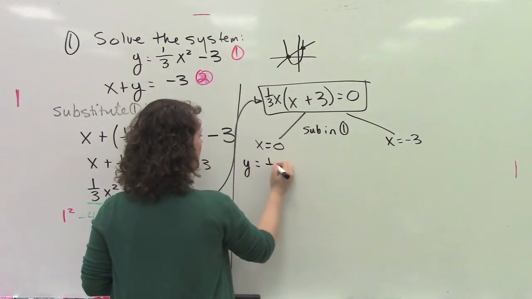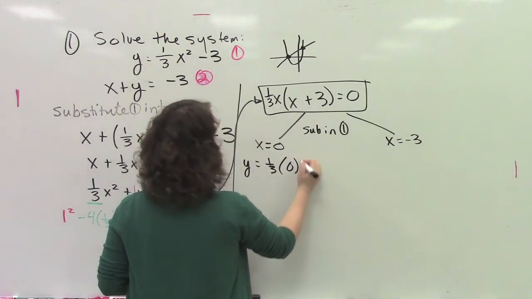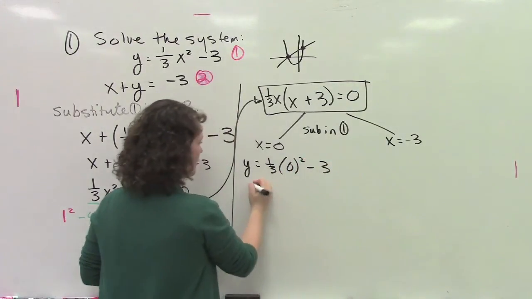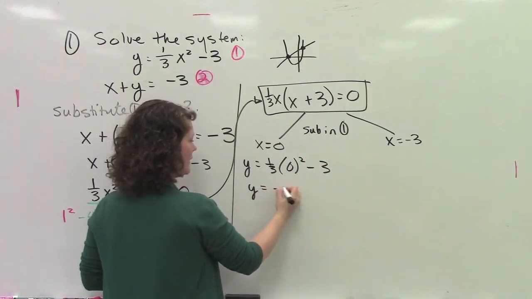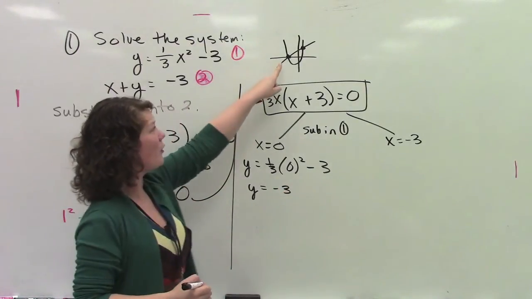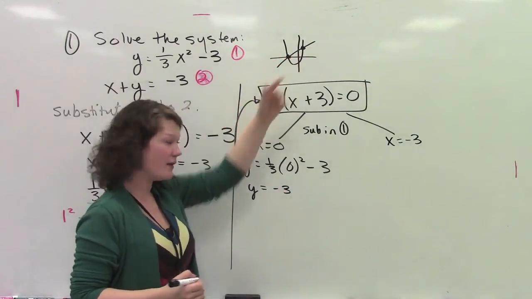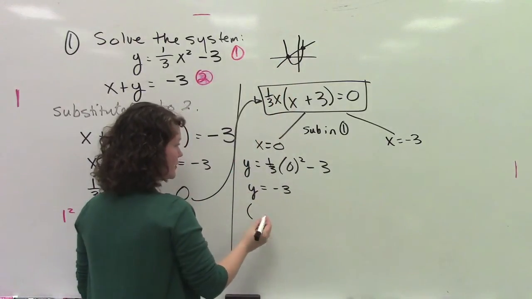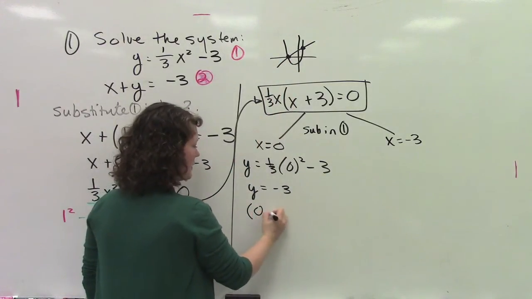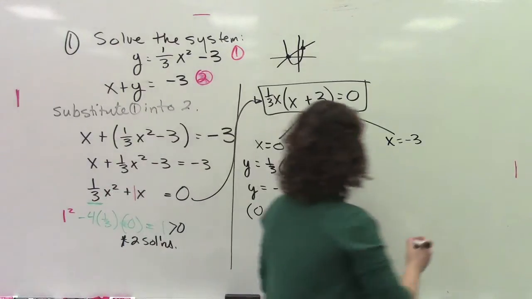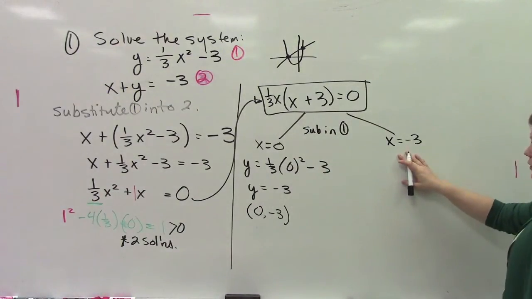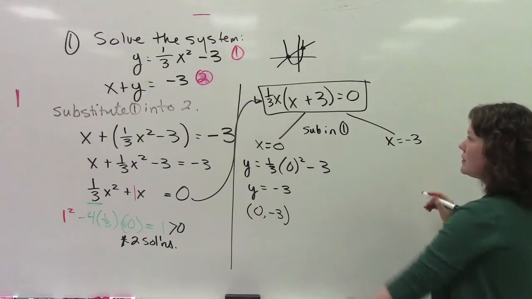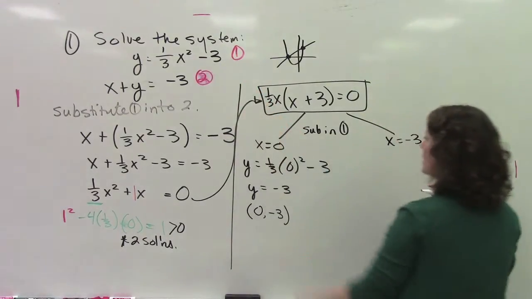Y equals 1/3 times 0 squared minus 3. Y equals -3. Since we're looking for a point, remember we're looking for the x and y value. So one of the solutions is at 0, -3. I'm going to substitute -3 into number 1 again.